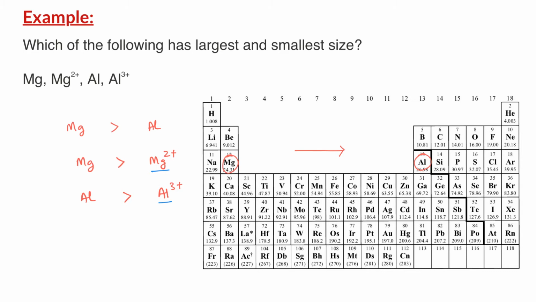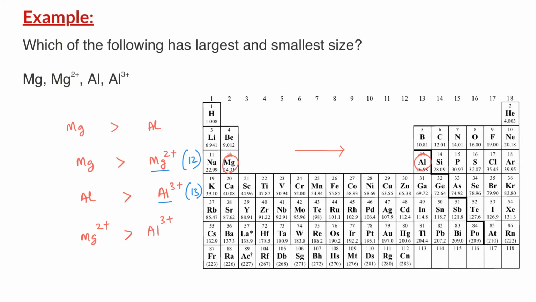The nuclear charge of aluminum is 13 and the nuclear charge of magnesium is 12. Therefore, we can say that magnesium ion with a smaller nuclear charge will be larger in size than aluminum 3+ with greater nuclear charge.